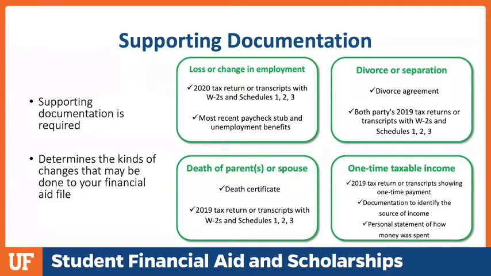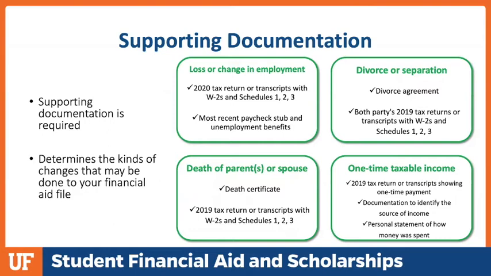So if you had a loss or change in employment, and let's just say you lost your job last year, your 2020 taxes would probably reflect what your most current situation is. But if it doesn't, then you would end up giving us whatever other additional documentation you believe would represent your situation best.